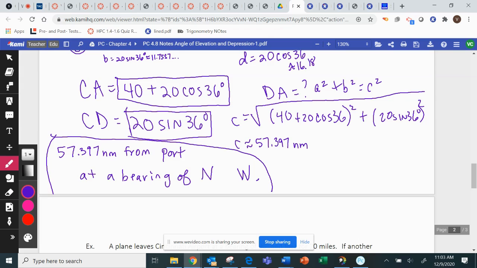Oh, the squared. 40 plus 20. Oh, you have a 2 instead of 20. But you had the 20 there. You just had a 2 instead of 20. Anybody else?